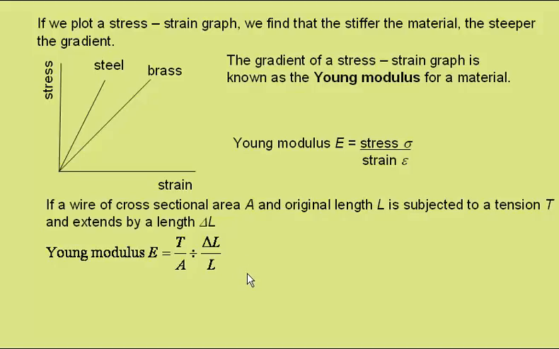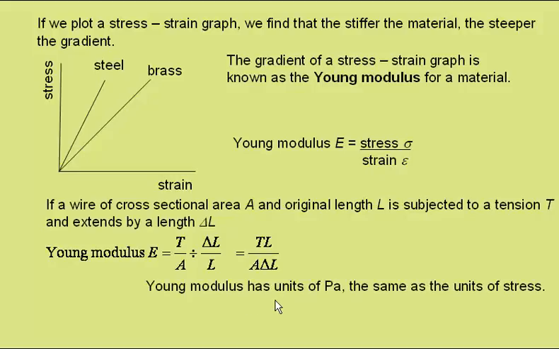We can rearrange this to give Young's modulus as the tension multiplied by the length, divided by the cross-sectional area, and divided by the extension. As stress has units of pascals and strain has no units, we find that the Young modulus also has units of pascals, the same units as those of stress.